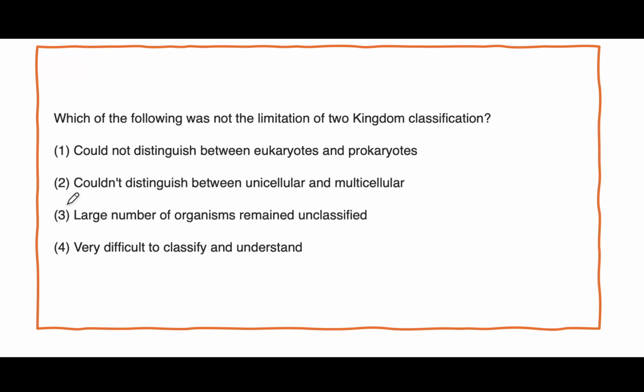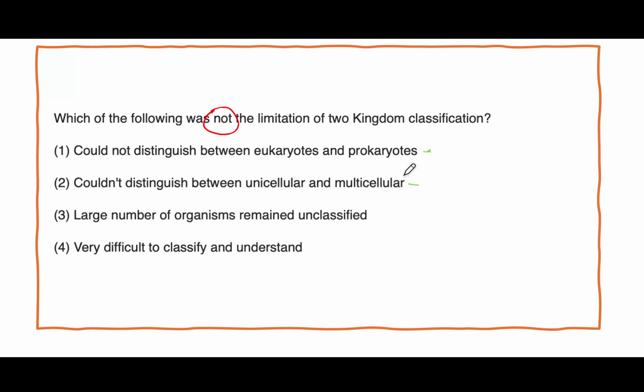Which of the following was not a limitation of the two kingdom classification system? So what are the limitations of the two kingdom classification system? We learned about them. Now see what they are asking in the question: was not the limitation. Could not distinguish between eukaryotic and prokaryotic cells. This was a limitation of the two kingdom classification system. Could not distinguish between unicellular and multicellular. This was again a limitation.